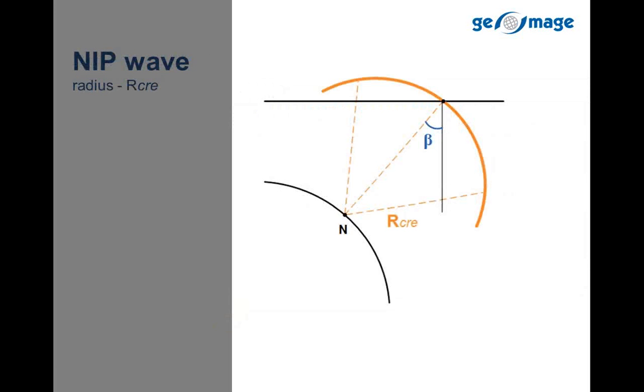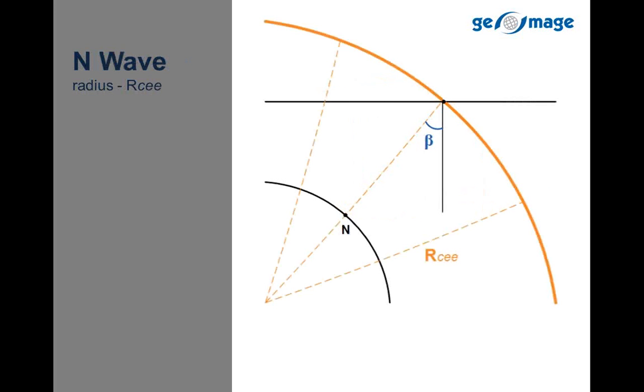So these two radii of curvature are the so-called normal incident point wave, RCRE, and the normal wave radius of curvature, exploding reflector model, RCEE. And the beta, as I said, is the emergence angle for the normal ray.